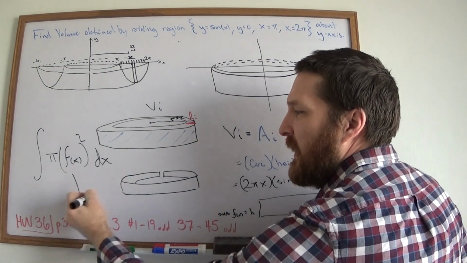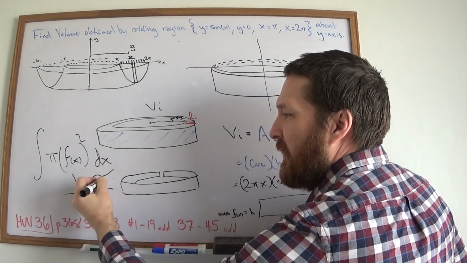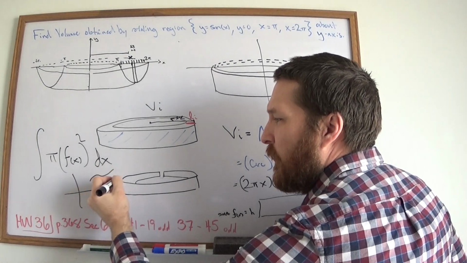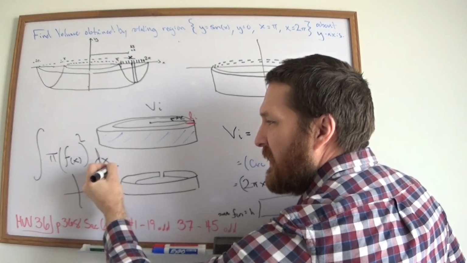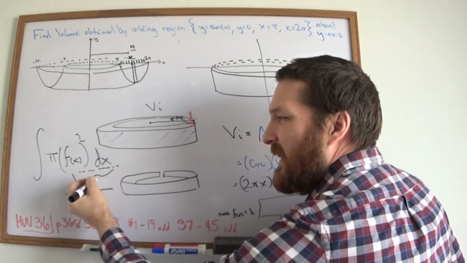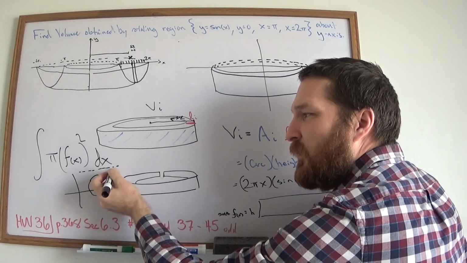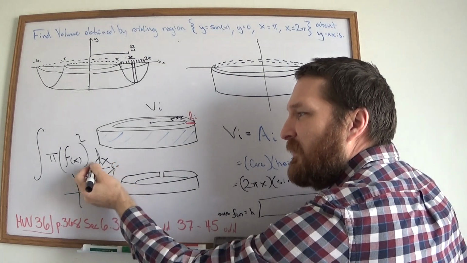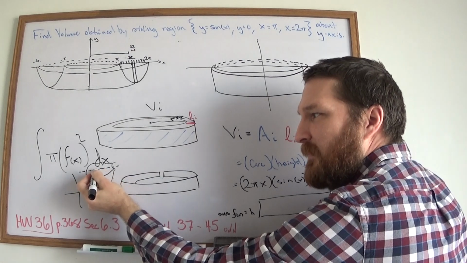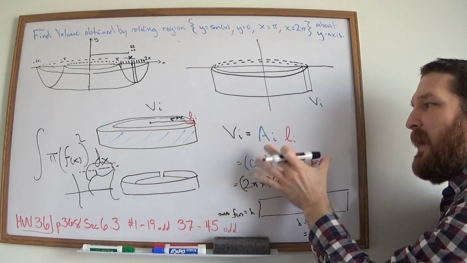Oftentimes it was like, here's f, but you're rotating it around, say, this line. Well, then it wasn't f. You don't just plug in f, because plugging in f gives you this. But if you're rotating it around here, you need to find the radius from here to here. And that's why I do it this way.